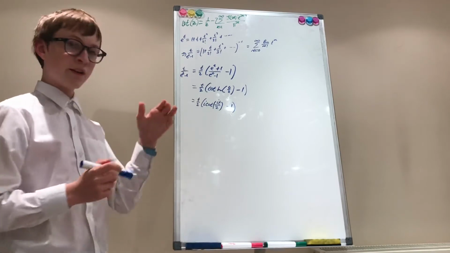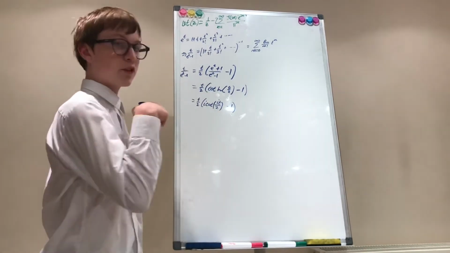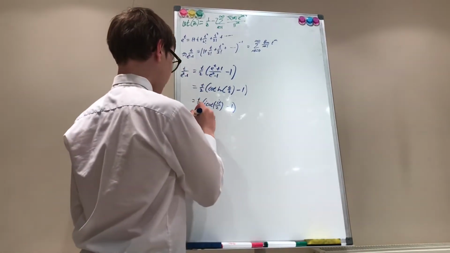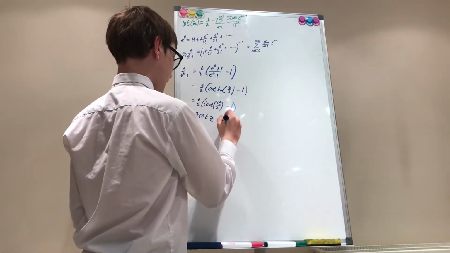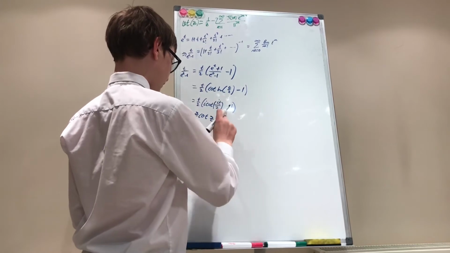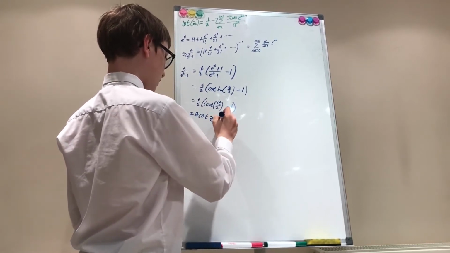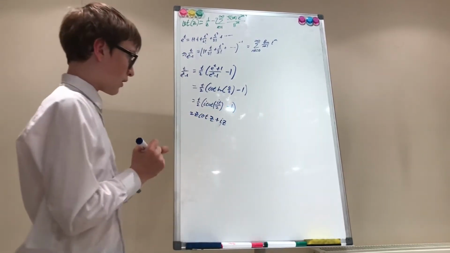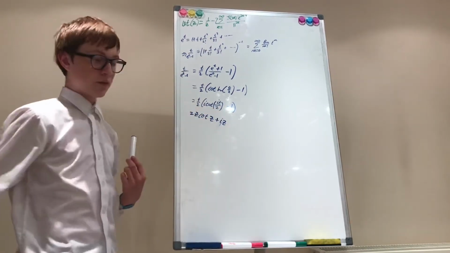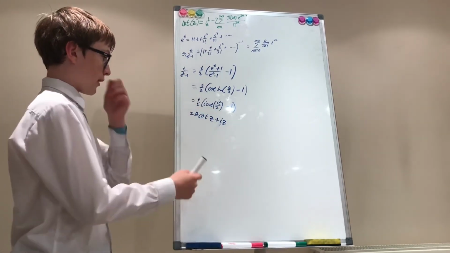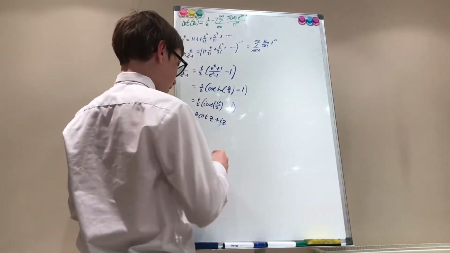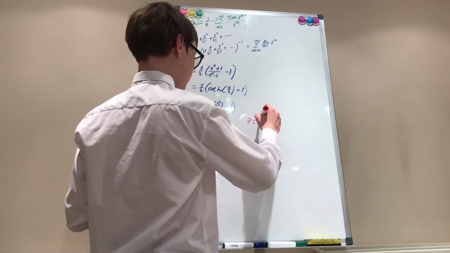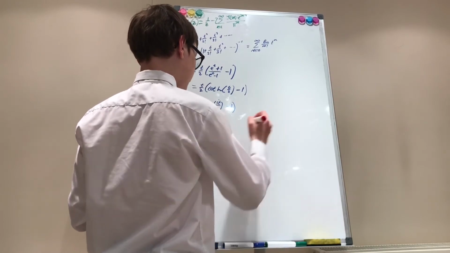Now, putting z to be it over 2, to clean this up a little bit, this equals z cotangent of z plus iz. Remember, we still have to distribute this t over 2 into here. And z equals it over 2.